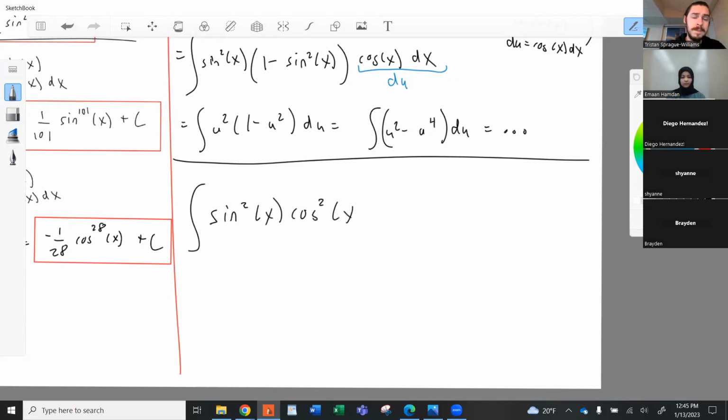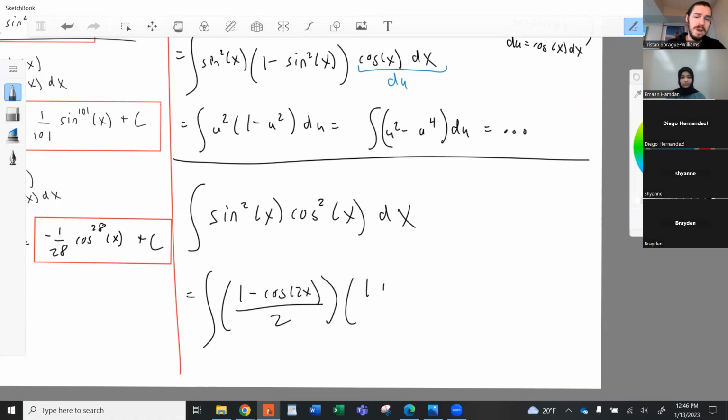The tricky part comes when they're both even, like a sine squared and a cosine squared. If you have both of them even, then you kind of just have to do the power reducing thing again. So in this case, you can do 1 minus cosine 2x all over 2 times 1 plus cosine 2x all over 2.